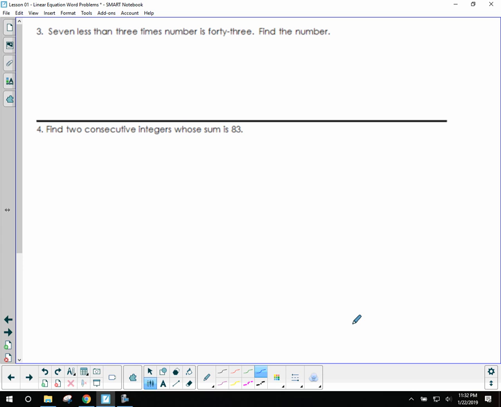Alright, so 7 less than 3 times the number, so 3 times the number, less than is a turnaround word, is 43. We have our equation, says find the number, add 7 to both sides.